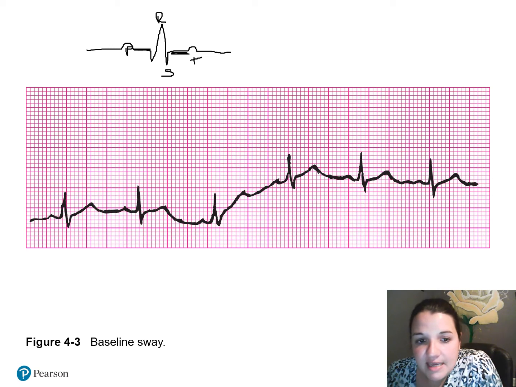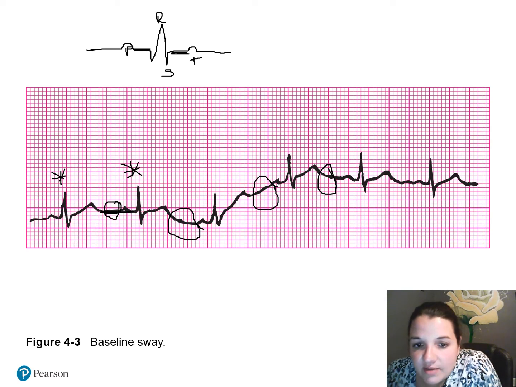So in this case, can you tell, here's a baseline here. Oh, let me get a different color. Here's a baseline here. And then look at my baseline here, and then look at it here, here, and I'm looking in between my R to R intervals, because that's where I should see my baseline.